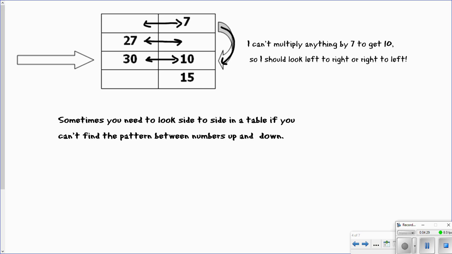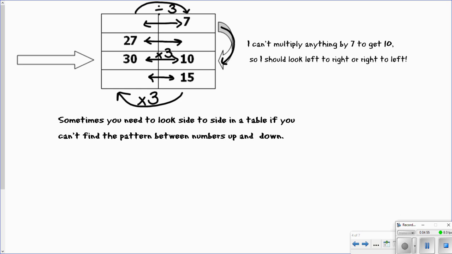Because I have a 30 and a 10, 10 times something gives me 30, that's times 3, which means going from right to left, I am multiplying by 3. Not left to right, right to left. If I'm going from left to right, I'm actually dividing by 3.